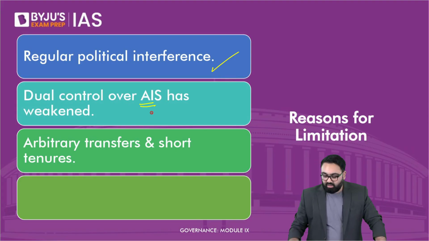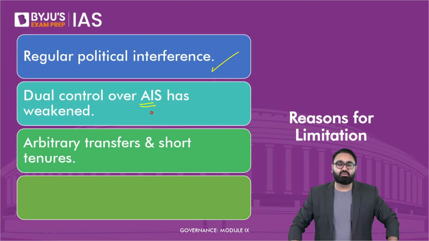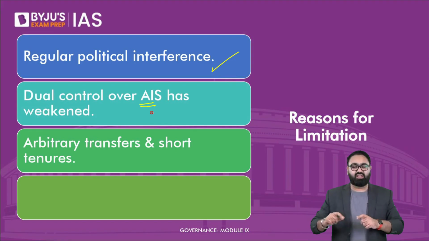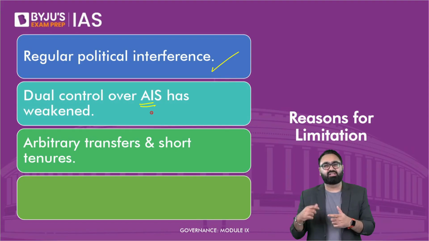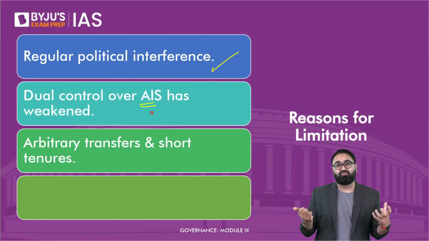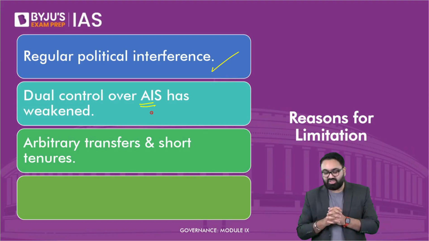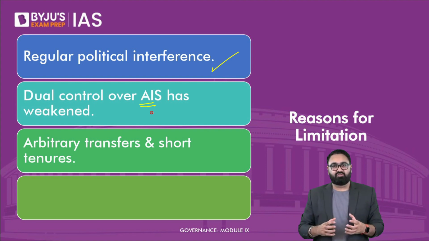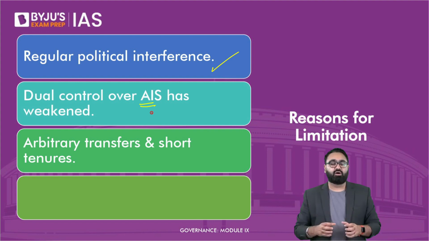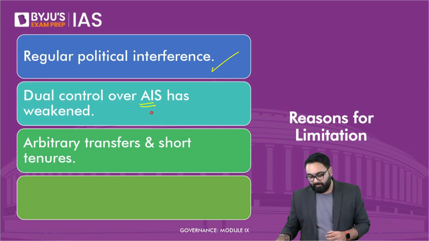West Bengal, Tamil Nadu, these are examples where you will see the IAS officers, especially the IPS officers, having a very hard time, not understanding whom to listen to. Orders given by the states are different, orders given by the Center are different. That weakens the position of the All India Services officers. This is where the political class has to make sure that they don't interfere in the working.